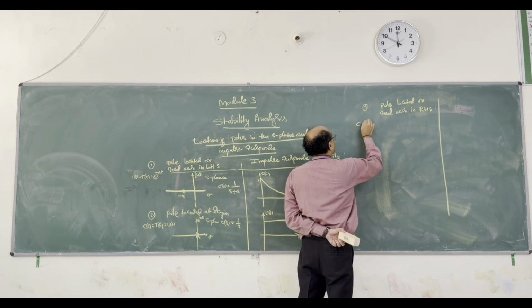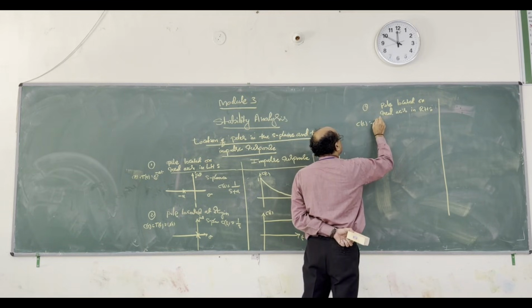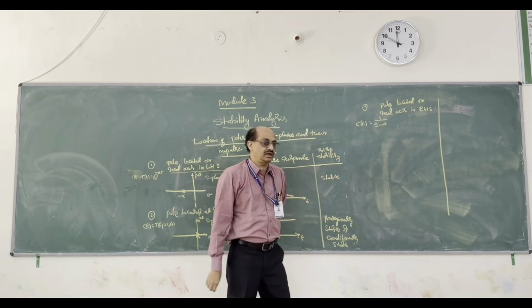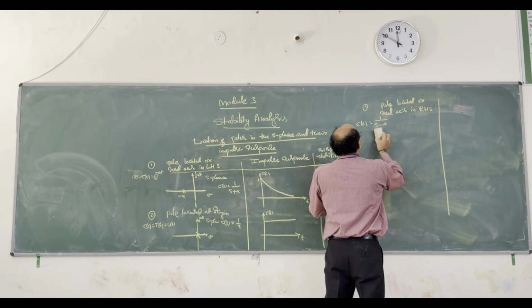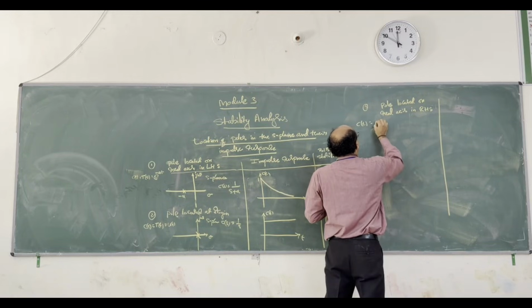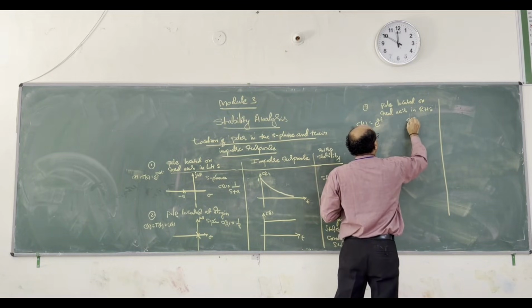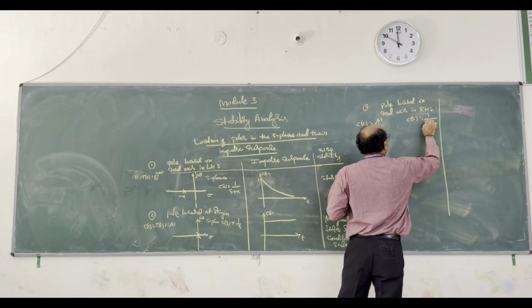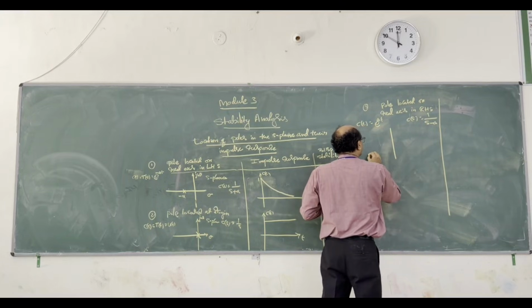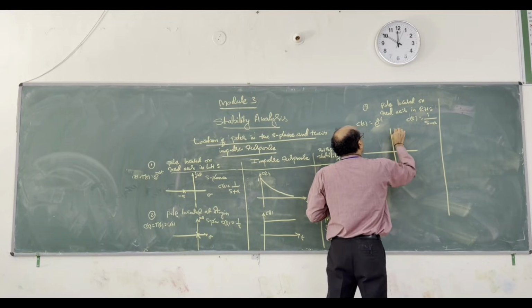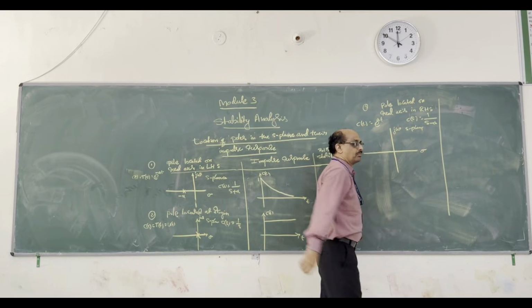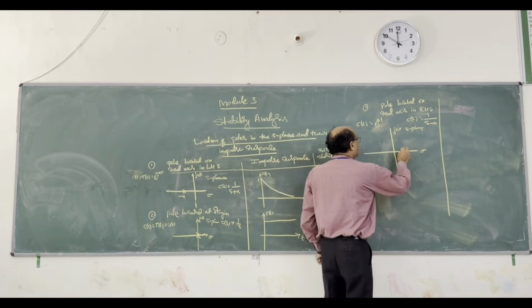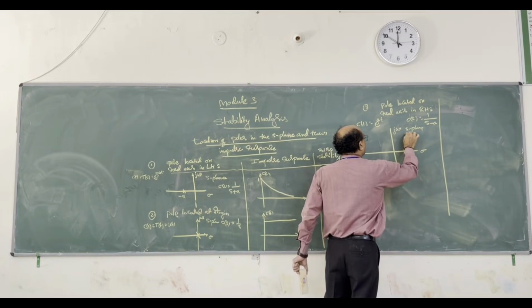The response in time domain you will get something like e power at. C(s) is 1 over s minus a, in the s plane with j omega and sigma, located somewhere in the right half of the s plane.